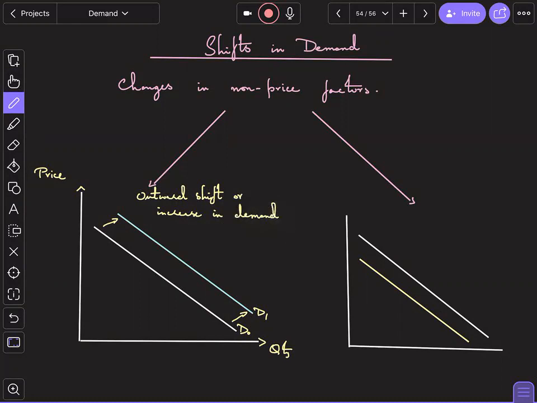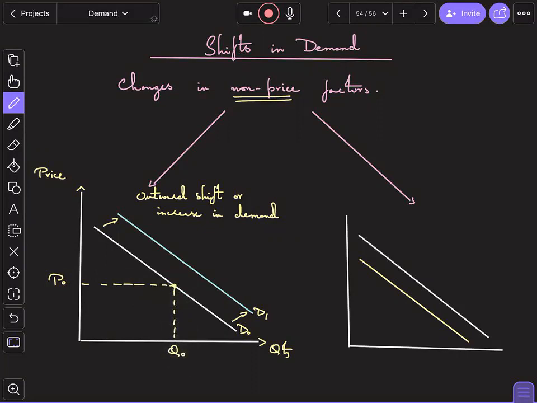What does that mean? The change in quantity demanded happens whenever there is a change in price of the product, but whenever the curve is shifting either outwards or inwards, it is due to the non-price factors. So let's say your original price was P naught, and at P naught, the quantity demanded was Q naught.